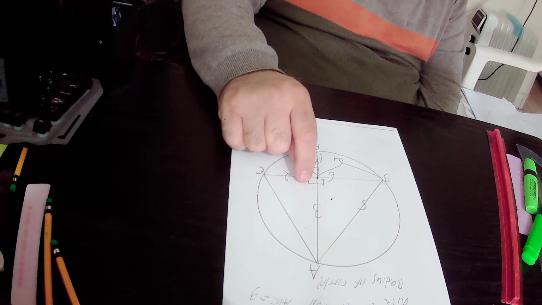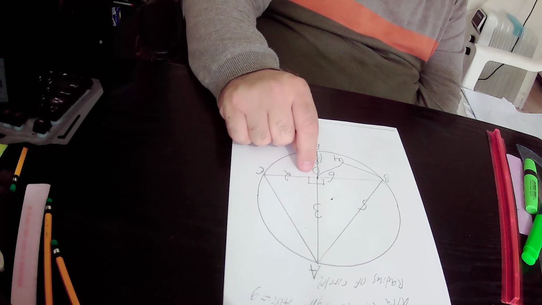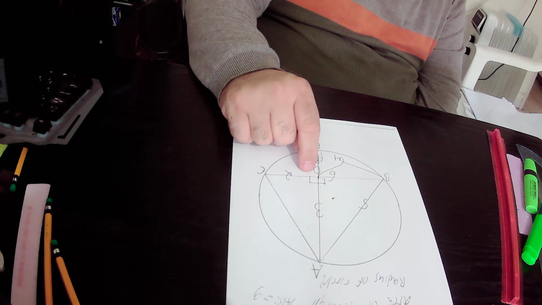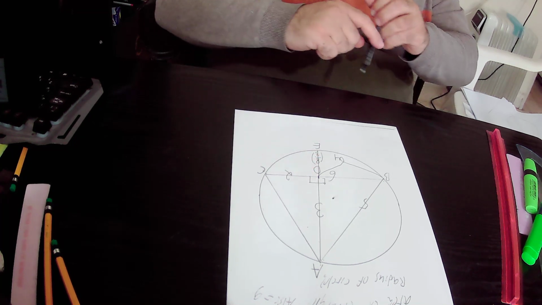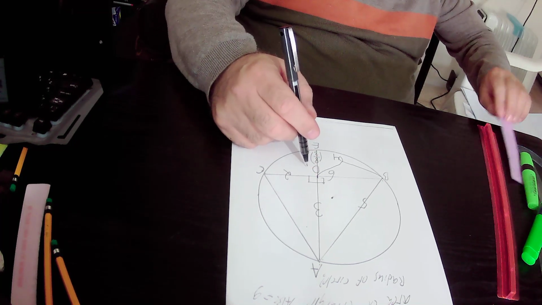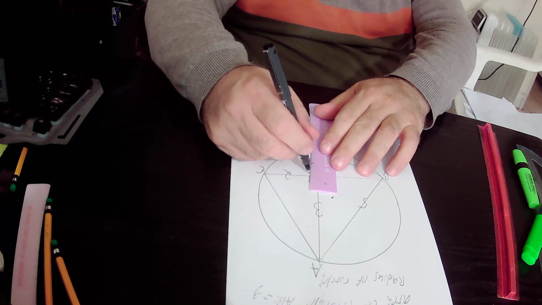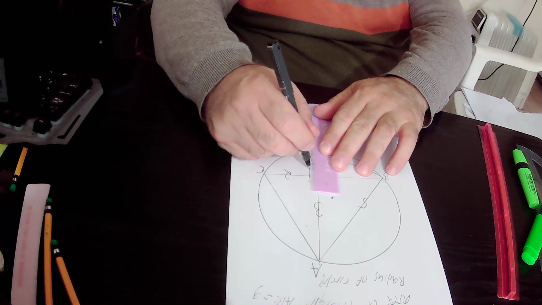So this angle equals 90 degrees plus this angle. In total, the sum of those two angles must be equal to 180 degrees. So this angle also must be equal to 90 degrees in order to complete the sum of the angles to 180 degrees. Okay.